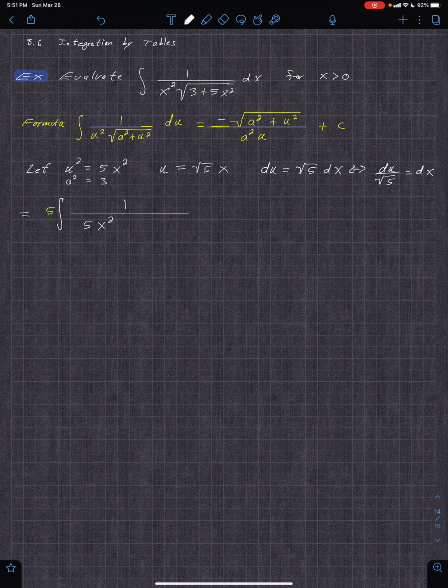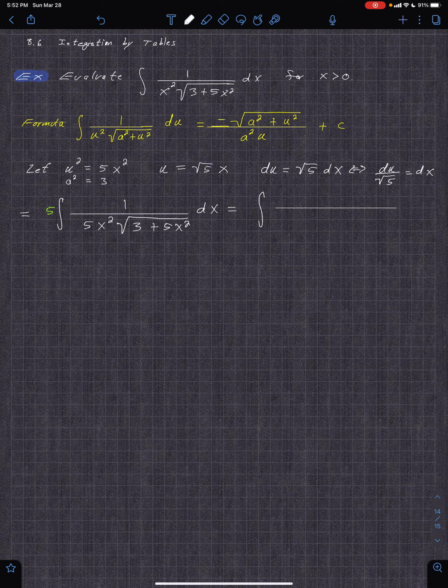And then it's the square root of the 3, which is still just 3. That doesn't change. And then plus 5x squared dx. Now I haven't done my du substitution yet. I'm about to do that. So this is the integral, and now we want to write it in terms of the u.